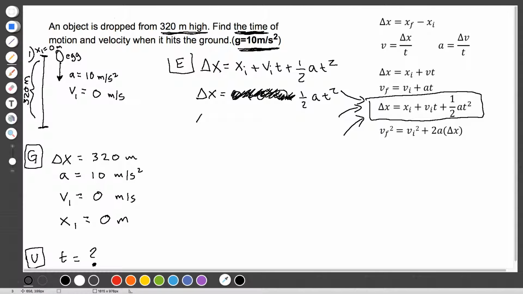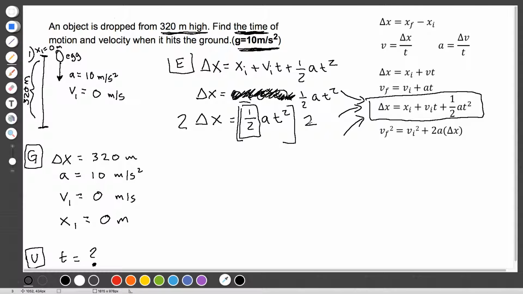And you're left with delta x equals 1/2 acceleration times time squared. And we're trying to solve for time, so we need to get t by itself. Let's start all the way over at the left with this 1/2. The first thing we need to do is get rid of that 1/2, so we multiply both sides by 2.